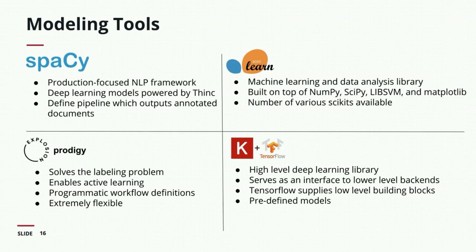It enables active learning. If you're not familiar with what active learning is, it's the idea that as you label samples, the model actually learns from those. Every time you label a sample, you run it through the model, you train the model on that single sample, and the model gets smarter as you go through with this labeling, which really gives you an idea of whether this is a model that's going to work down the line or it isn't.